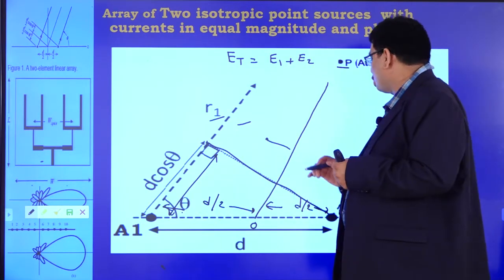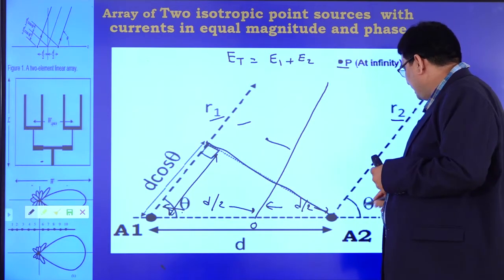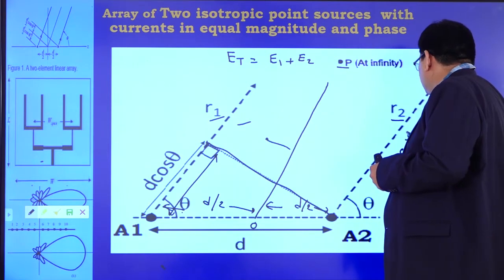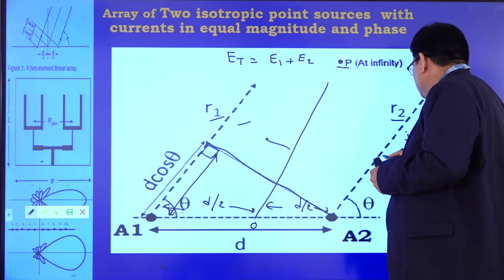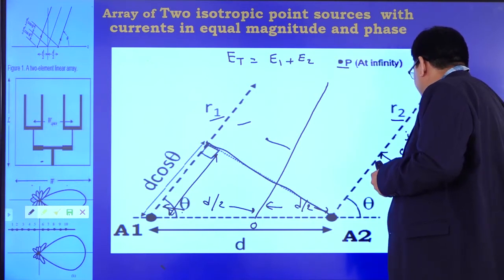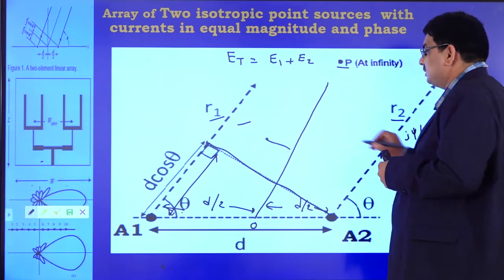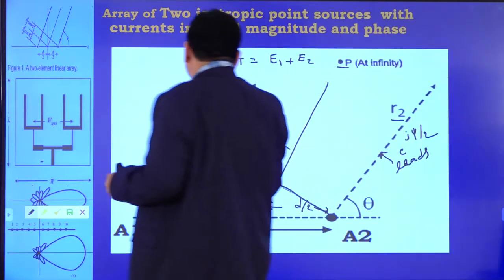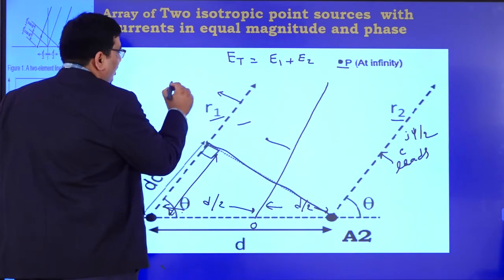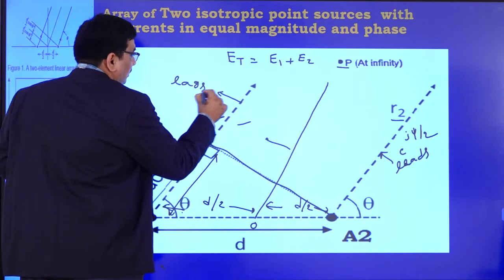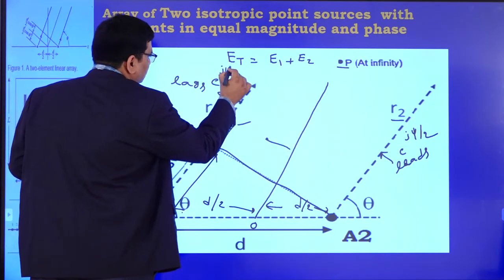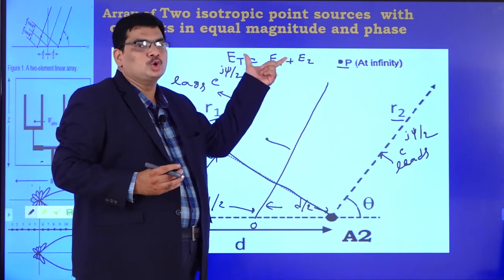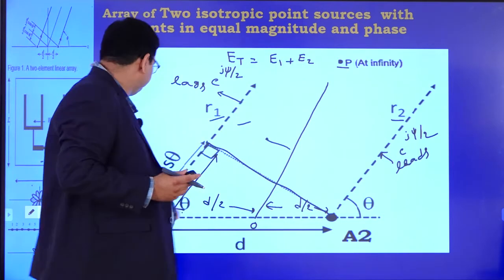This point A2 leads the point A1 by e power j psi by 2, and A1 lags the point A2 by e power j psi by 2. For these two fields we have to find our total radiation field.